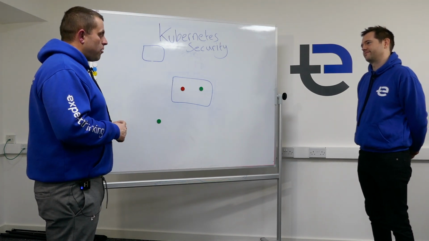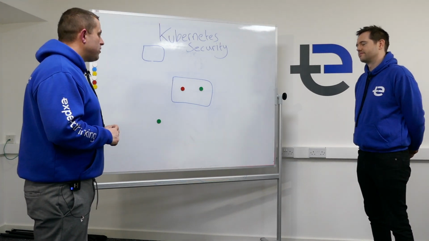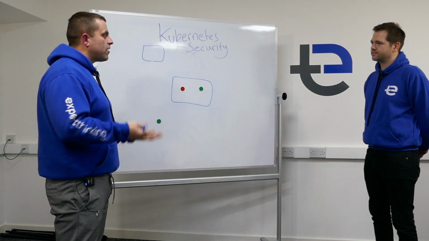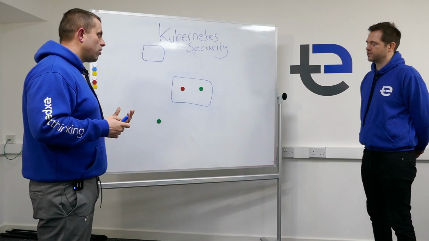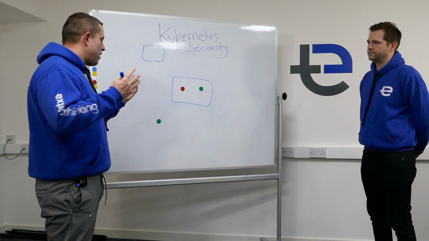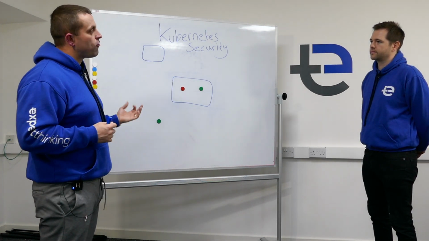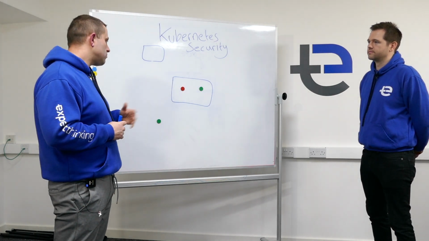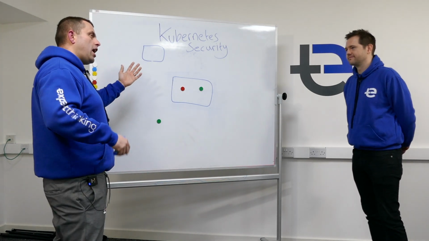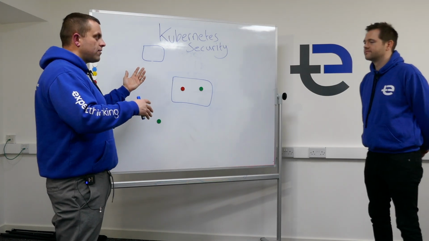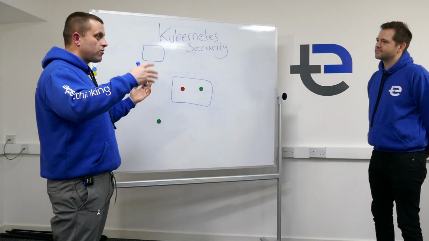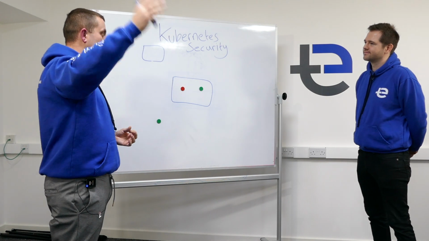Once we've got our pod security policies in place, we now need to think about the runtime security of those pods. So, for example, we have an application that we know exposes a service on port X. However, all of a sudden that pod starts exposing another port and we see traffic over a different port.